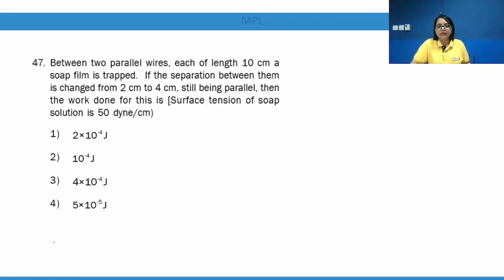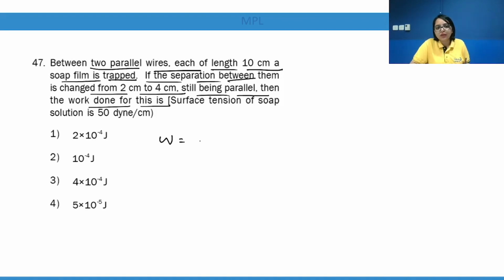Question number 47. Between two parallel wires, each of length 10 centimeter, a soap film is trapped. If the separation between them is changed from 2 centimeter to 4 centimeter, still being parallel, then the work done for this is, and the surface tension of soap solution is 50 dyne per centimeter.